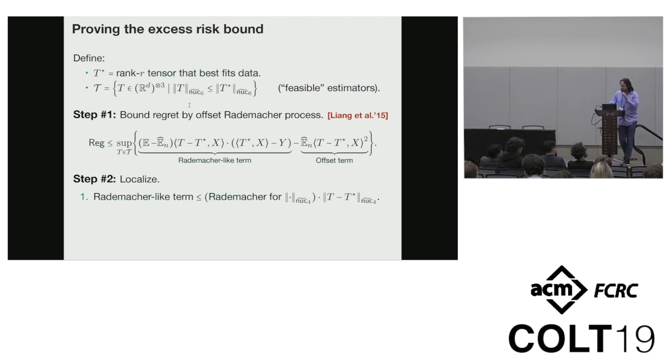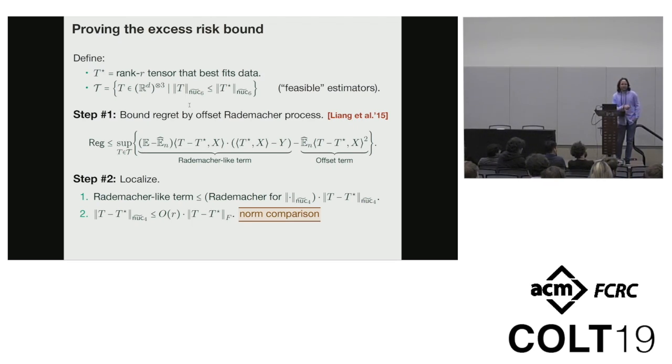There are 3 steps. The first step is to observe that this Rademacher term scales like a statistical term times the SOS nuclear norm of the difference between the tensor we're considering and the optimal tensor. The difference in subscript here from 6 to 4 is intentional. The second step is to give a norm comparison inequality. This is a new lemma. We show that for the feasible tensors that arise here, you can pay a factor of rank to move from the SOS nuclear norm to the Frobenius norm.